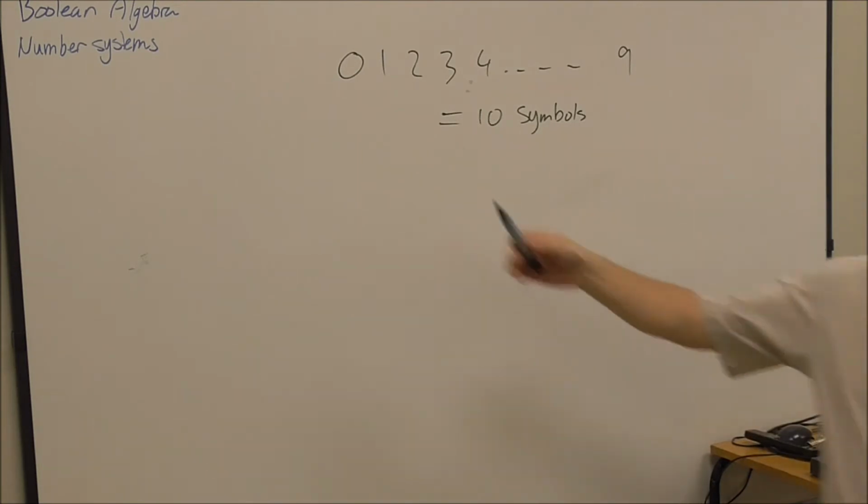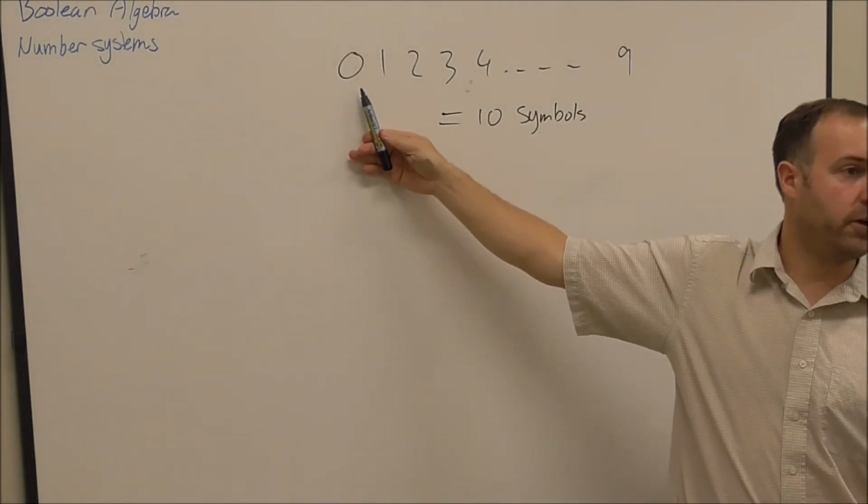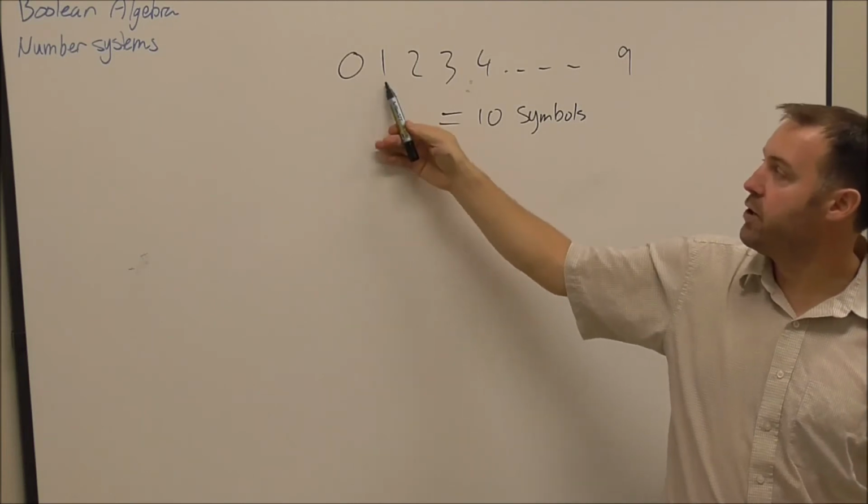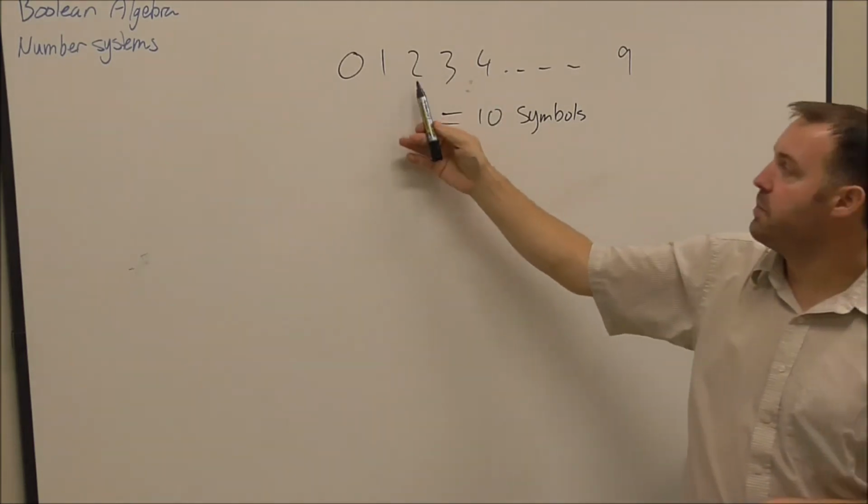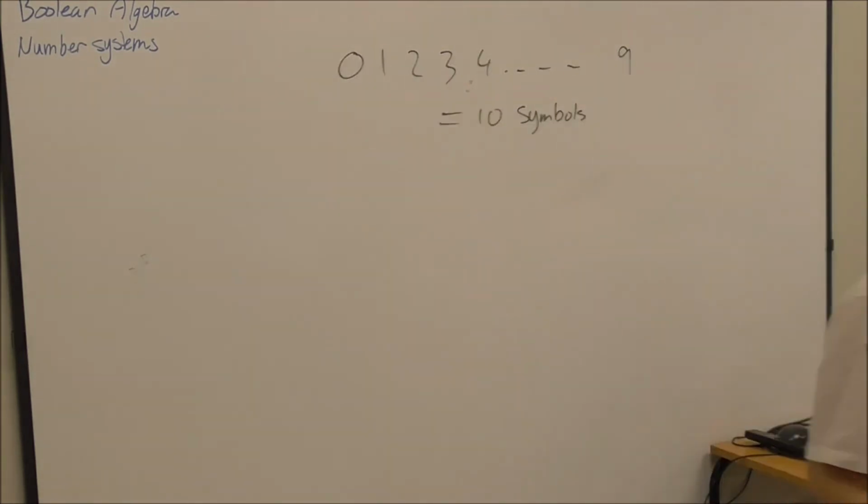So this symbol represents a quantity of 0, so nothing. This represents a quantity of 1. This means I've got 2. Okay, so if I'm talking about how many apples I've got, if I only want to use one symbol, I can have up to 10 different amounts, including 0.